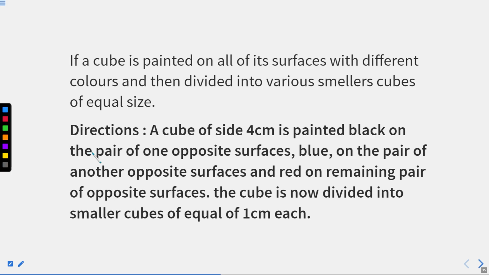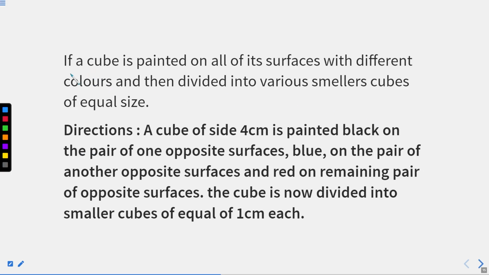Here in type 2, we discuss a question where a cube is painted on all of its surfaces with different colors and then divided into various smaller cubes. The point to note this time is: different colors. And again, we have a diagram with which we can understand the division as well.